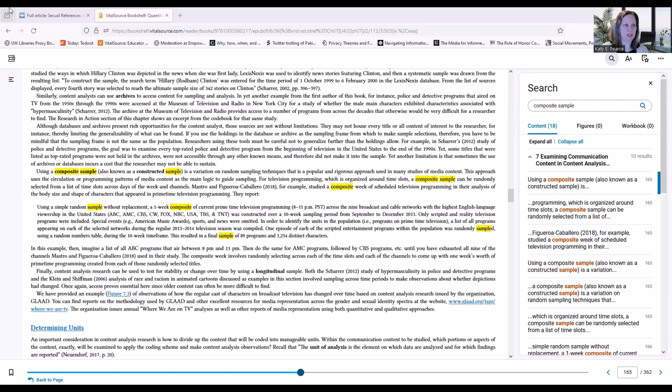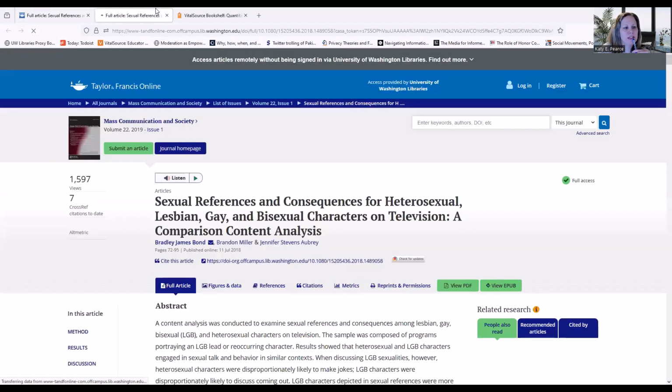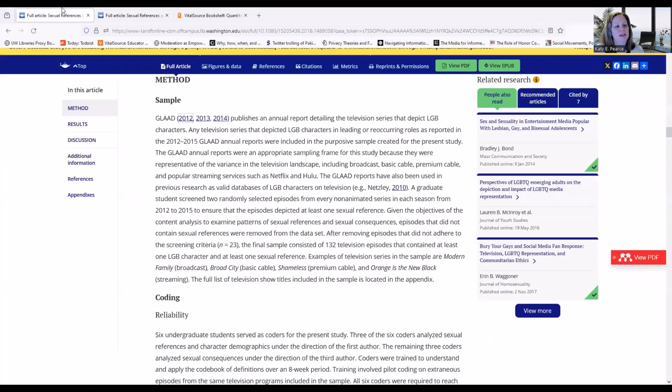So that's an example. And then I found one. This was a study about queer representation on TV, and this said that GLAAD, which is a nonprofit that's the gay and lesbian, actually I forgot what the actual acronym is. It always goes by GLAAD. Oh, they don't have it listed here.